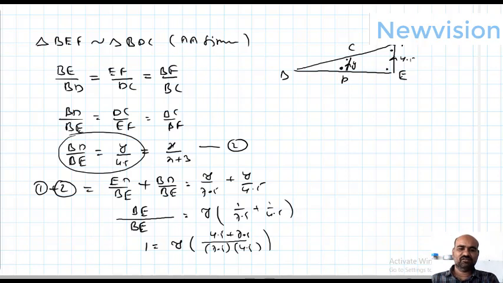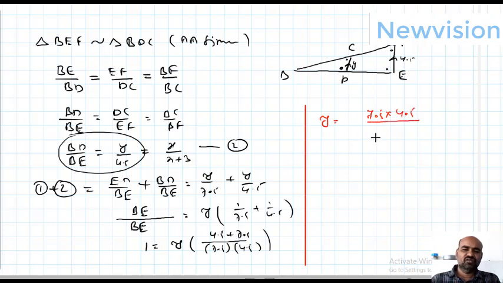So Y is equal to 7.5 into 4.5 by 12, that is, Y equals 75 by 10 into 45 by 10 into 1 by 12.